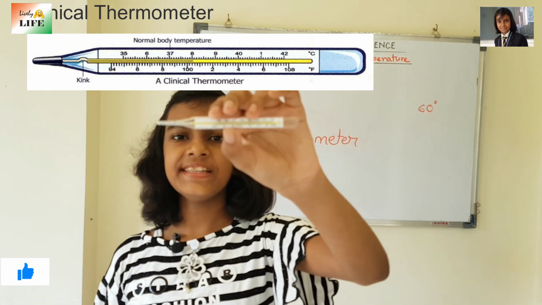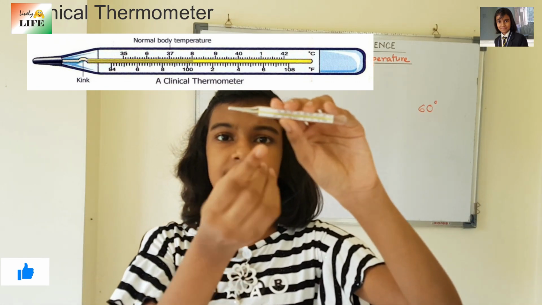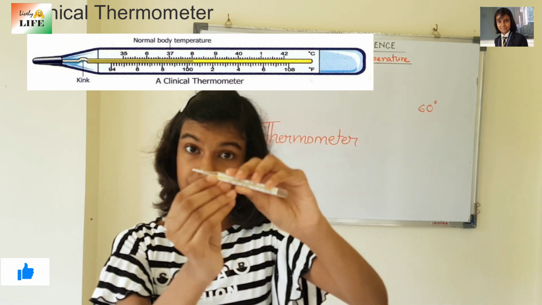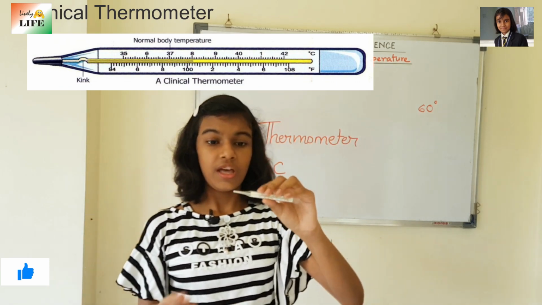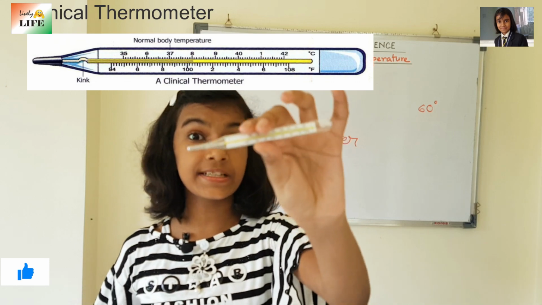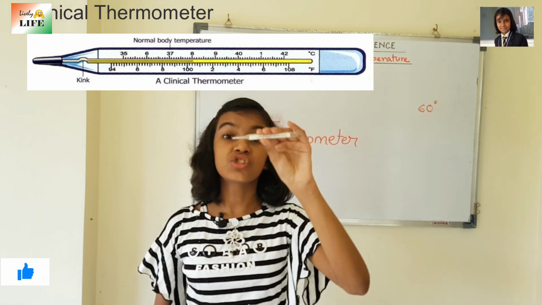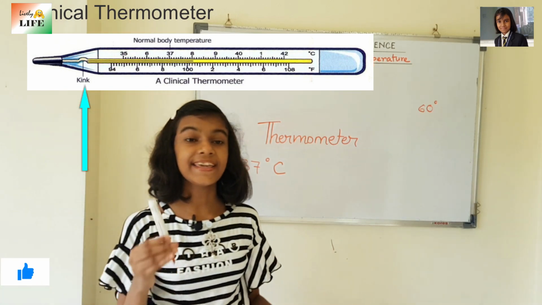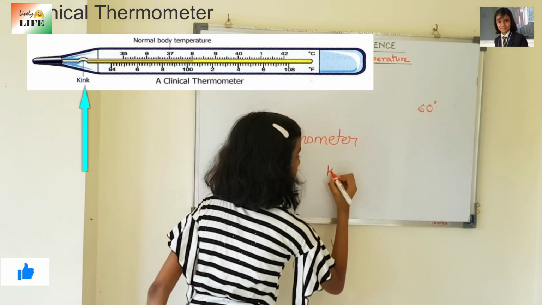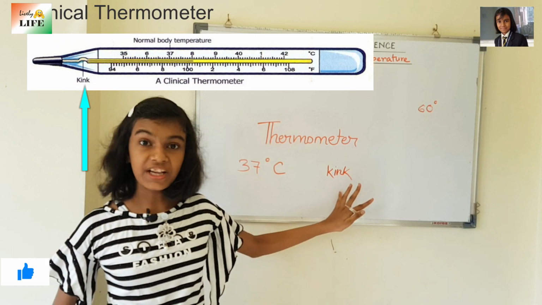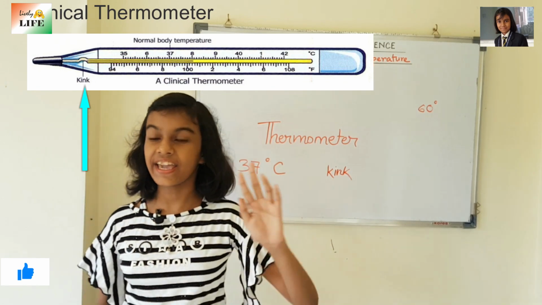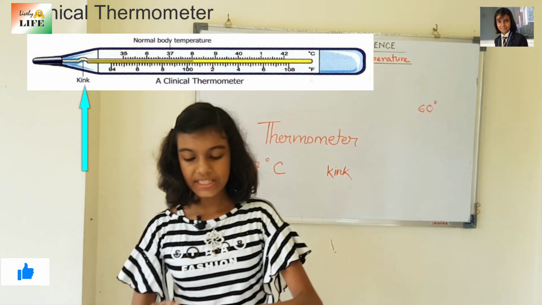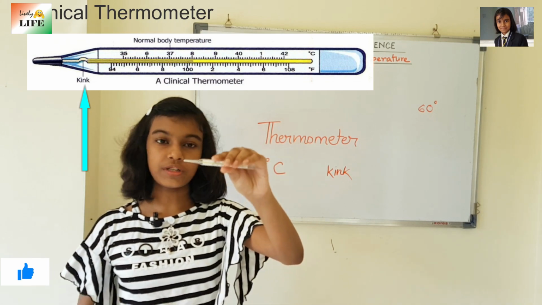Okay? And in this clinical thermometer, you can see there is a small constriction. In every clinical thermometer, there is a small constriction. What is that constriction known as? That constriction is known as kink. K-I-N-K, kink. So what is the importance of the kink? The kink is very important.